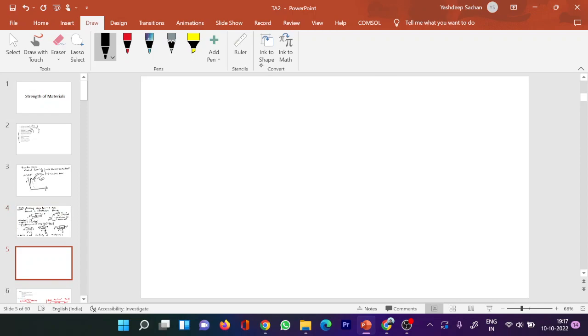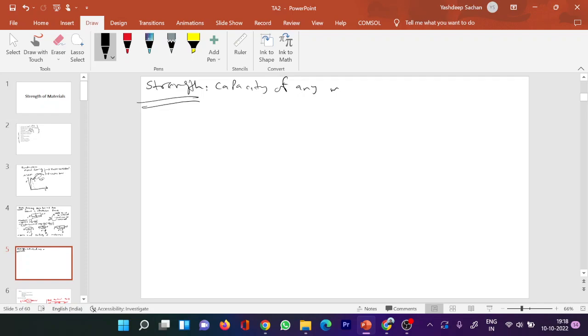Now coming to strength. What is strength? Can anyone tell? It is the capacity of the material to withstand the load. The maximum stress the body can withstand.